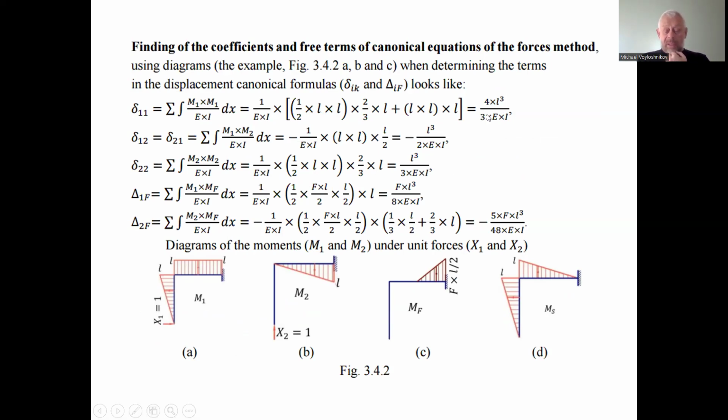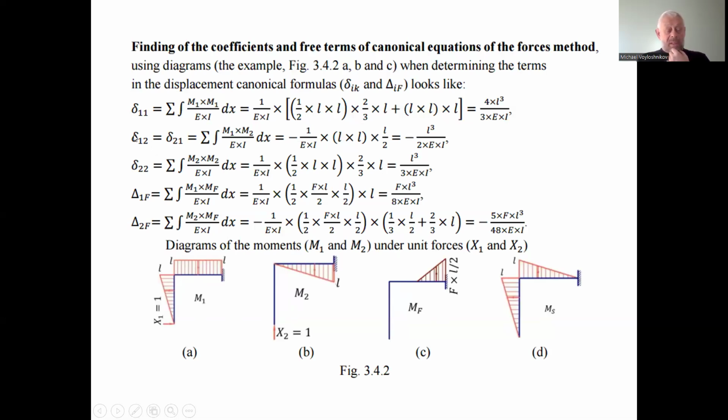We do the mathematical transform, and the first factor, the displacement under unit force in the first direction, is a fraction: the numerator is 4 multiplied by L cubed, the size of the arm cubed, and the denominator is 3 multiplied by the rigidity, which for the considered frame is equal for each of the legs.